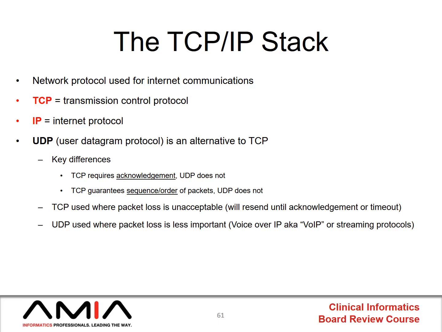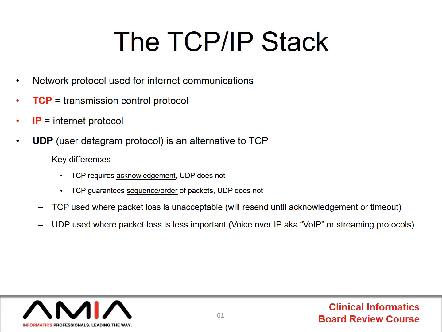So, why would you want to use TCP to transmit data, and when would you want to use UDP? Well, TCP is used when packet loss is unacceptable. And in fact, the TCP protocol specifies that you keep sending it until you receive an acknowledgement, or you eventually time out. Whereas UDP cares less about acknowledgement and more about maintaining a steady stream of data.